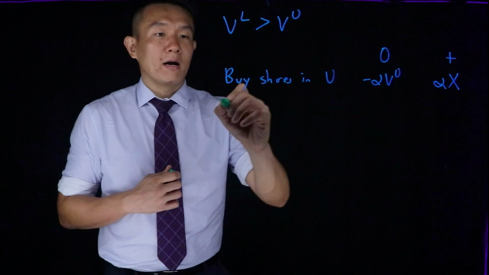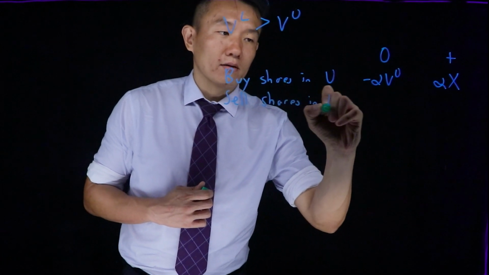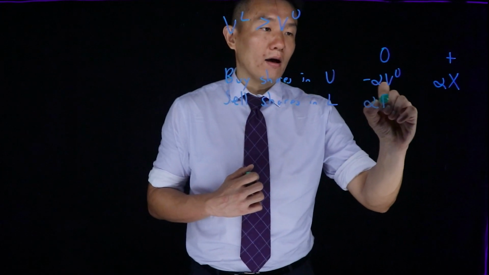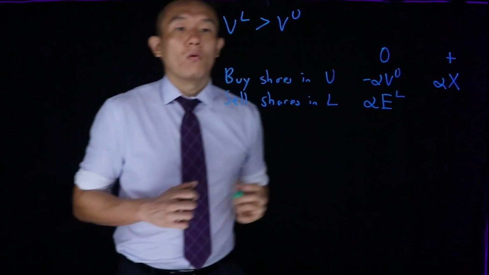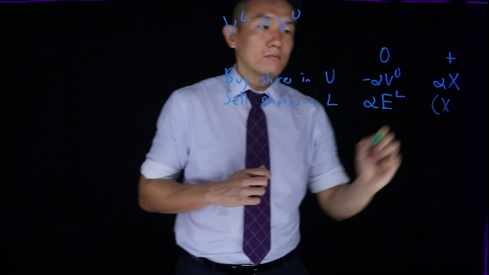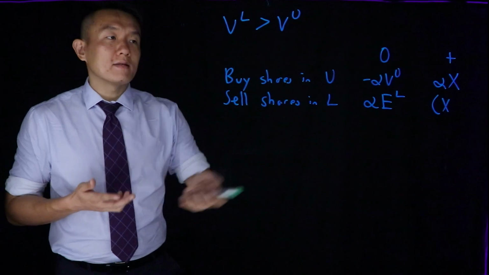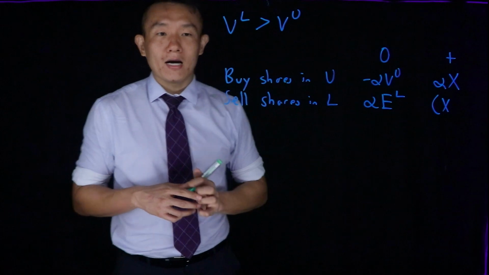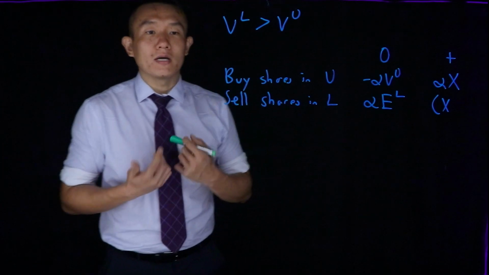And at the same time, I'm going to sell an equivalent stake in firm L. So I'm going to sell alpha times EL. And what is this going to mean for my cash flows? Well, shares in firm L don't pay the same dividend as the shares in firm U, because out of the cash flow of X, it has to pay interest to its debt holders first.